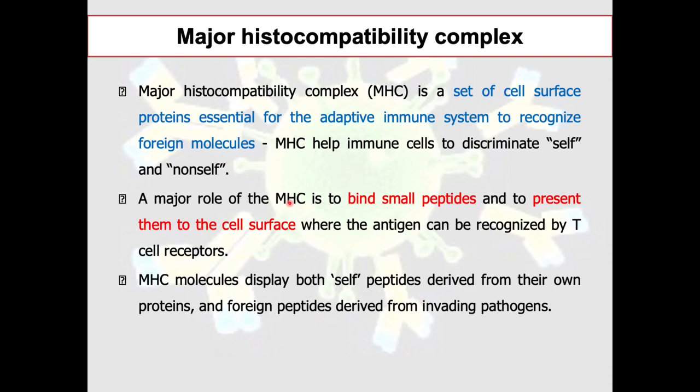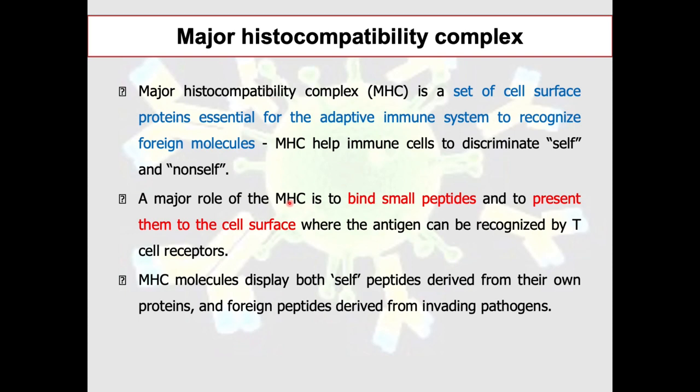When the T cell receptor binds to the small peptide presented by MHC, the T cell decides: oh, this is a foreign substance, immunogenic, so we have to kill it. Or, oh, this is not an immunogen, so we don't have to do anything about it.